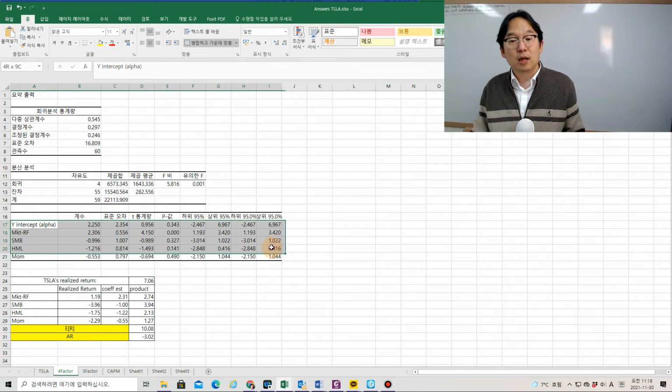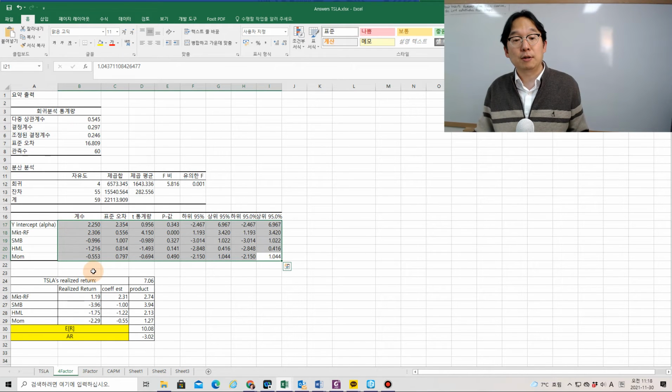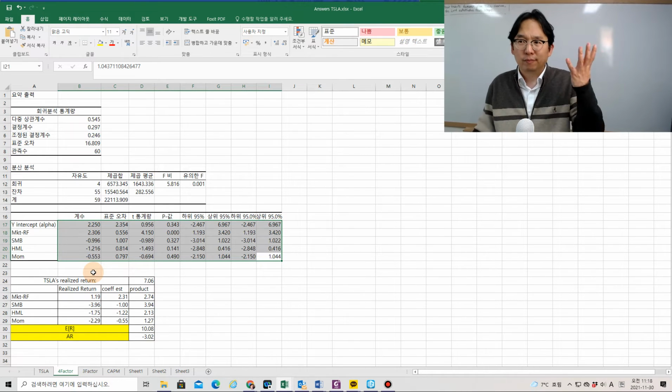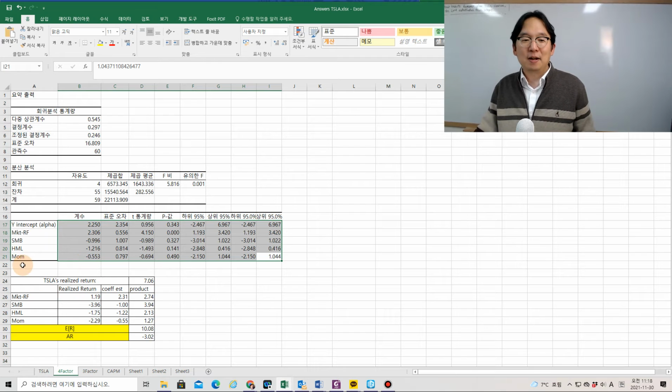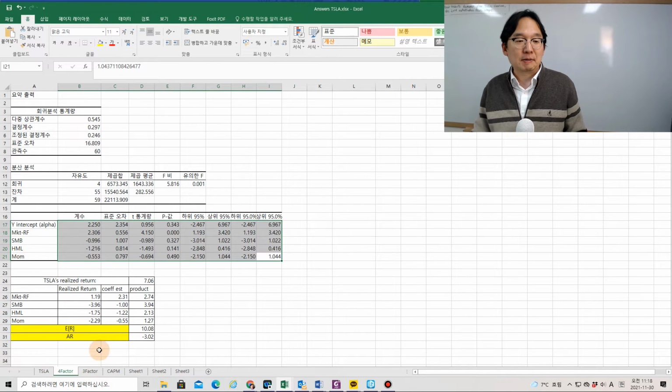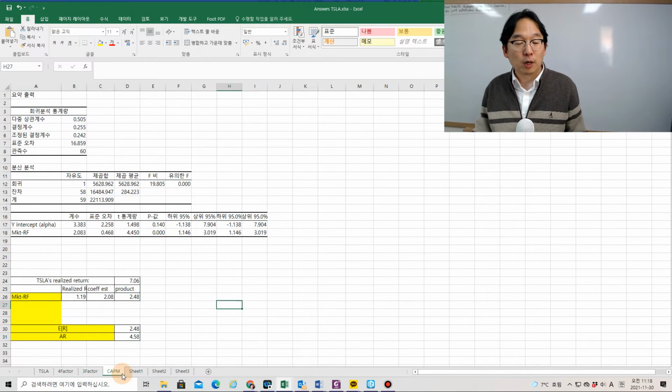And then I just relabeled it. And you notice that I reduced the number of digits below the decimal point to 3, just my habit, right? That's it. And then 3-factor, and then CAPM. I ran all those regressions and then obtained the coefficients over here.